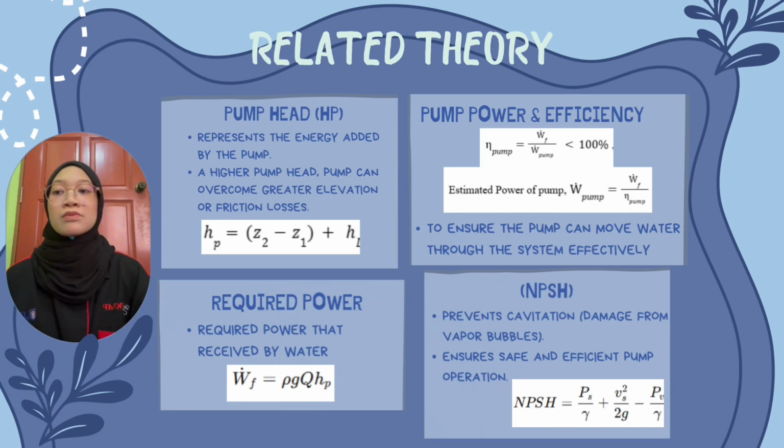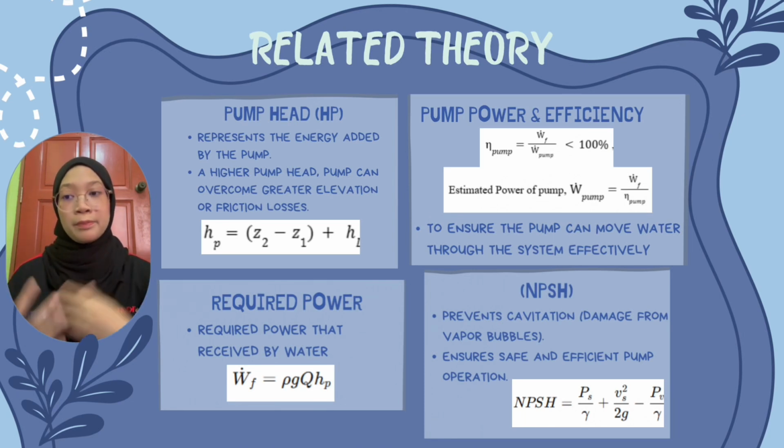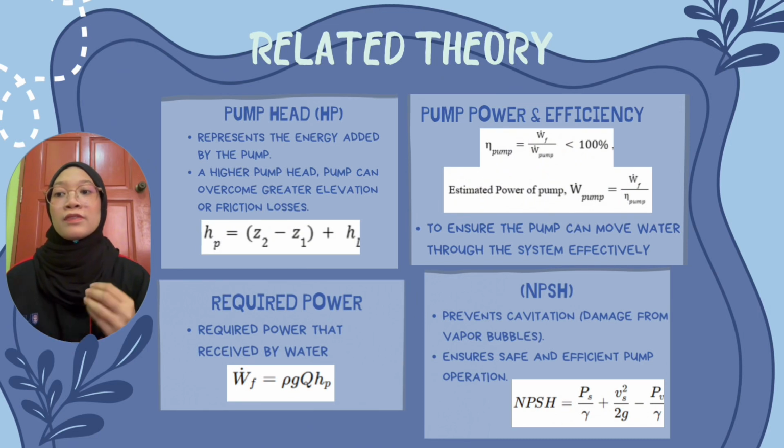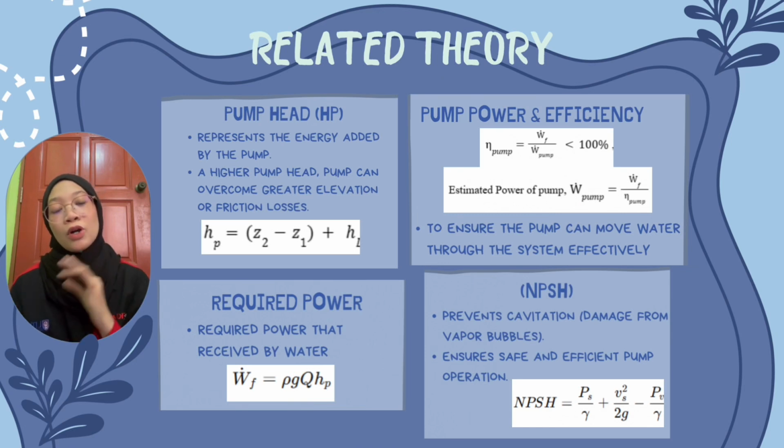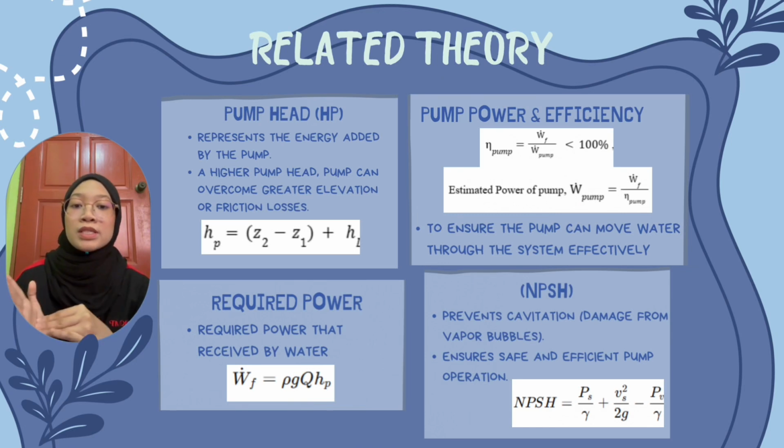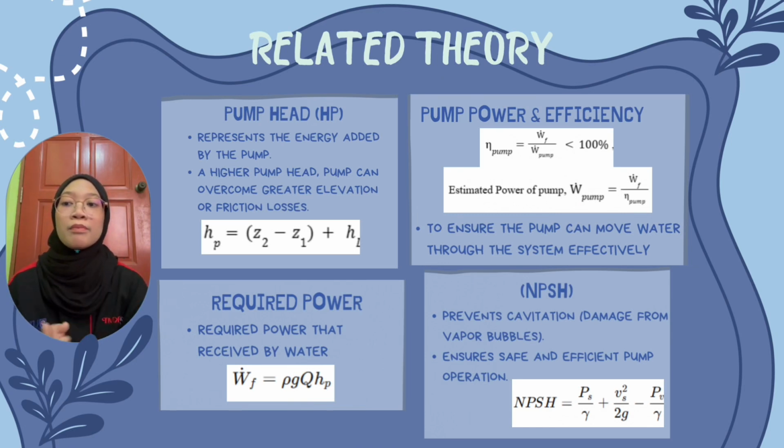Head pump represents the energy added by the pump; if the pump head is higher, the pump can overcome greater elevation or friction losses. Head pump is determined by Z2 minus Z1 plus HL, where HL is HL major plus HL minor.